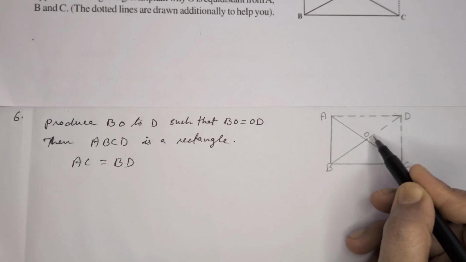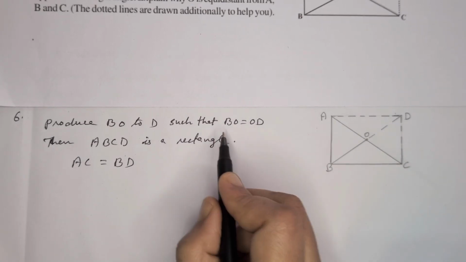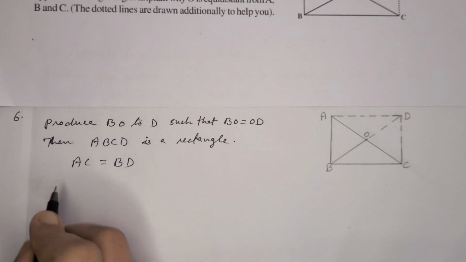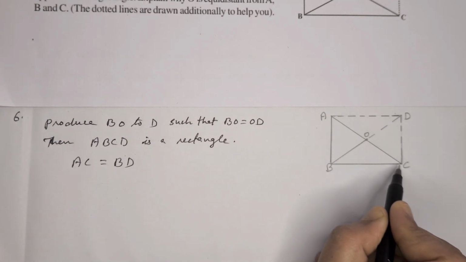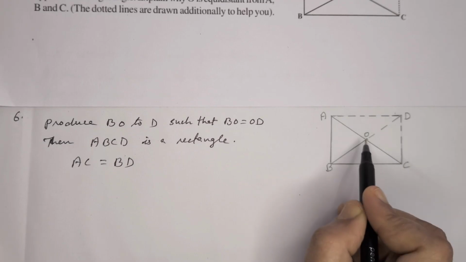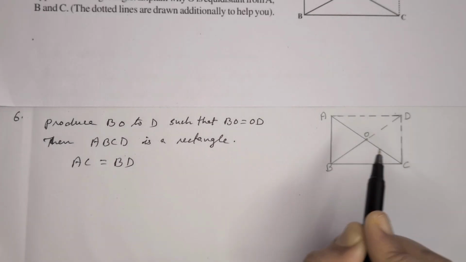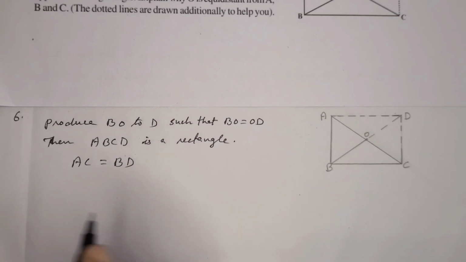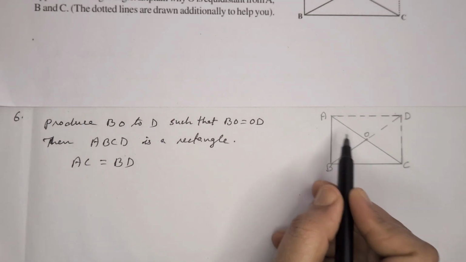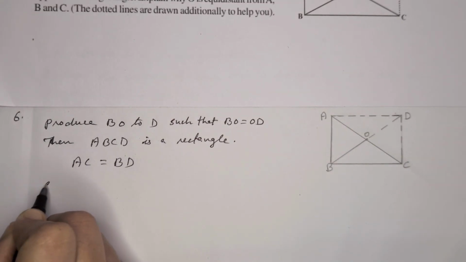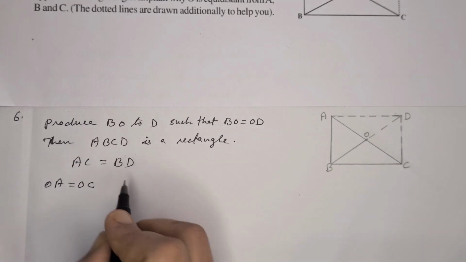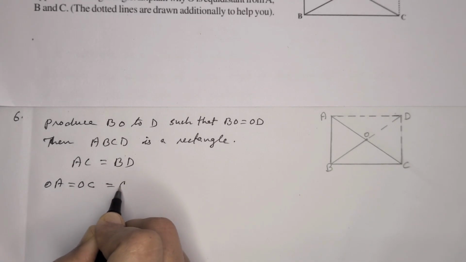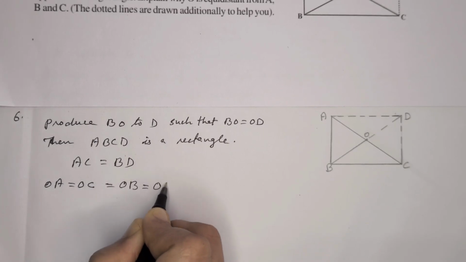Again, already we know that OB is equal to OD, by our construction, since we extended this length of the diagonal accordingly. The same way, OA is equal to OC. Diagonals of a rectangle are equal and bisect each other. So we can write OA is equal to OC, and BD also, OB is equal to OD.